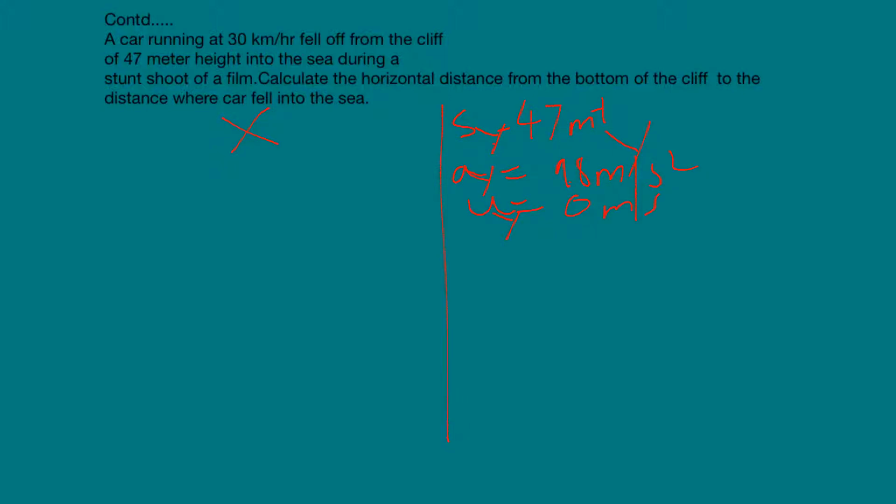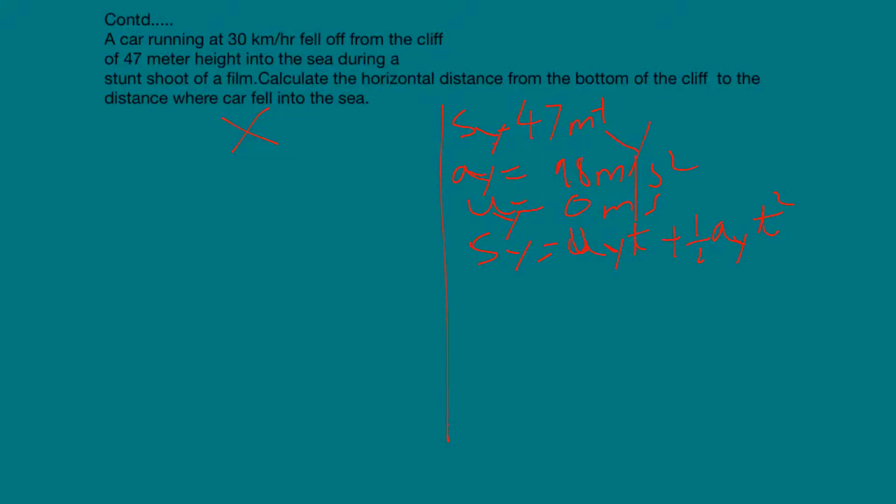So we will use the formula s equals ut plus half at square. For the y-axis, sy equals uy t, this is for initial velocity for y, plus half g t square or ay t square. So this is the formula which we will apply.